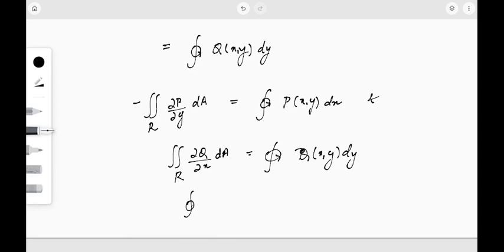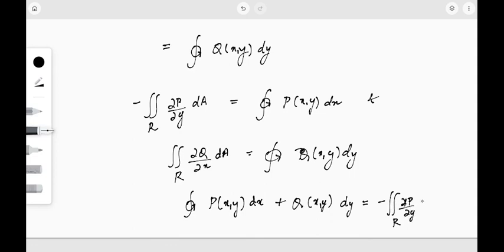Line integral over the closed curve p of x y dx plus q of x y dy is equal to, what is it? Minus double integral over r dou p by dou y plus dou q by, oh sorry, the negative sign is inside not outside, dou q by dou x into dA.